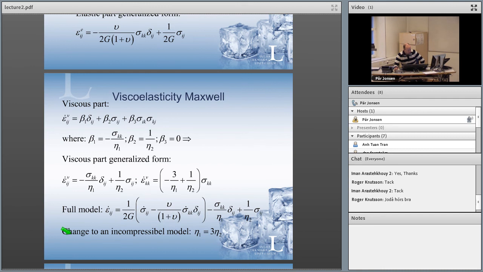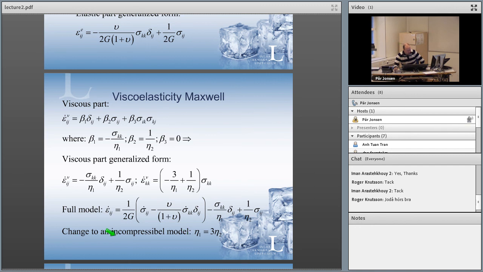I think they have in the book something about higher order, so you can check that out. And the viscous part will look like this. You have the response on the hydrostatic part will look like this, and for the shearing part like that. You can actually rewrite it like this if you want. And this is how you usually do it when you make a mathematical model out of the Maxwell model.